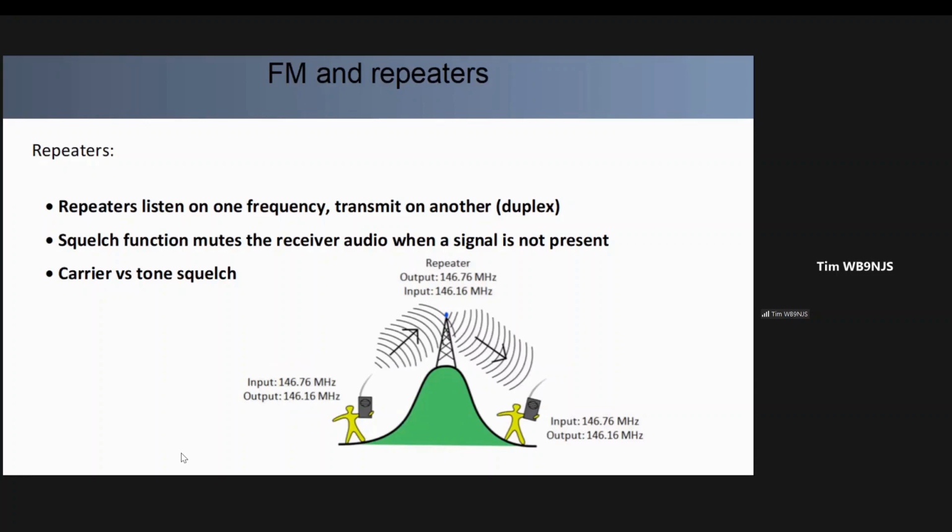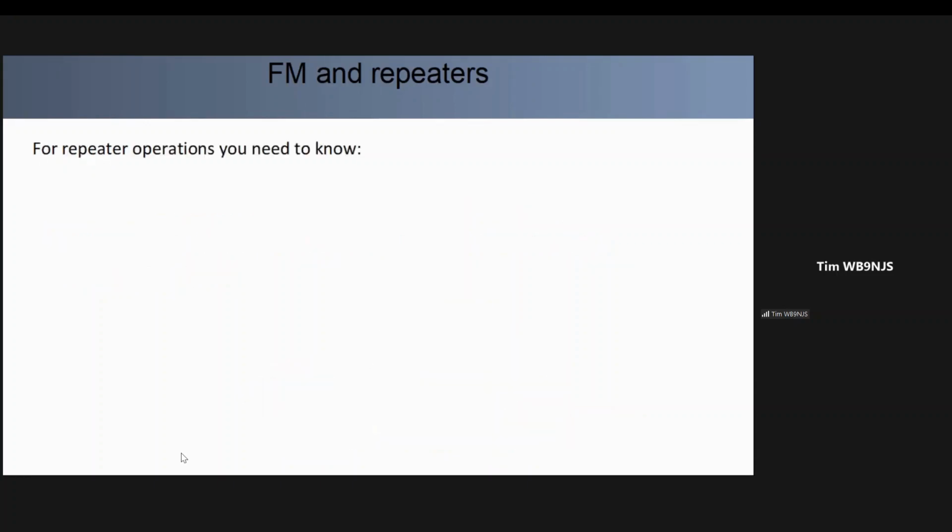So if you're going to operate a repeater, you're going to need to know some basic information. First and foremost, is it open to all users? For the most part, repeaters are usually supported by clubs or organizations, sometimes just an individual.